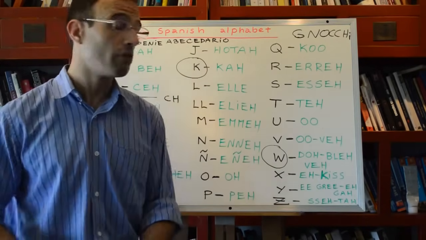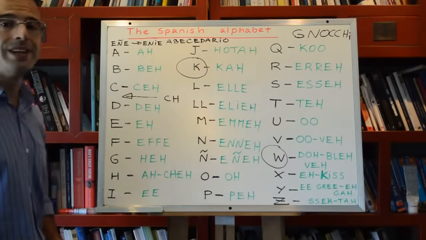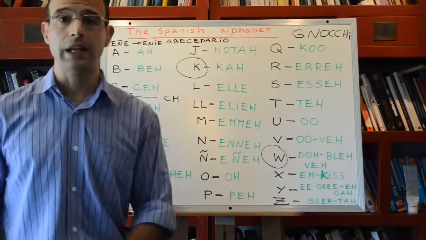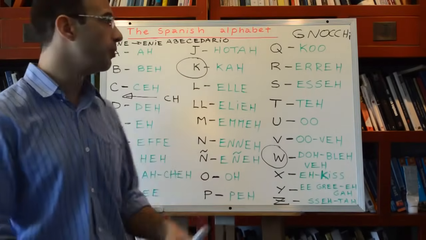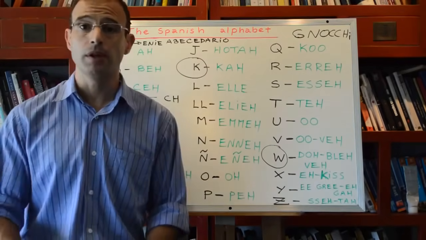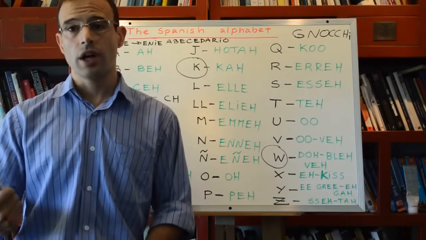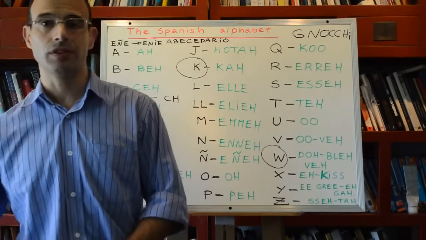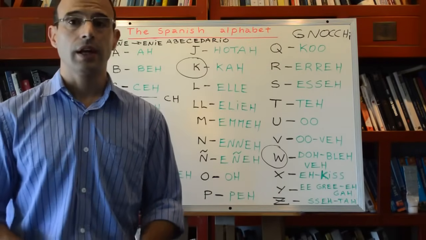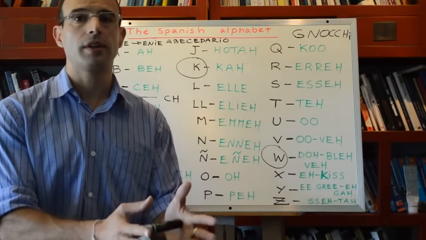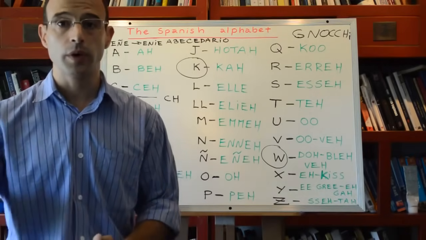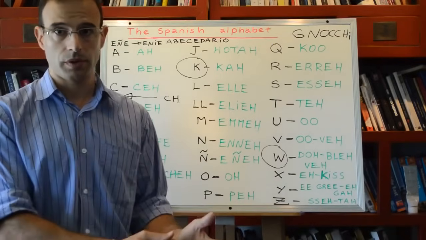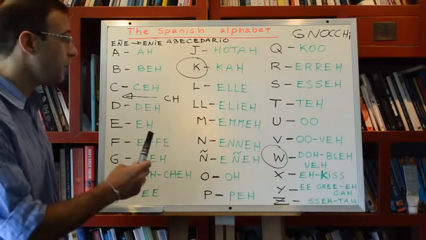For example, the word kilogramo, kilogram, is written with K. Kilómetro, from kilometer, is written with K. Why? Because these are foreign words coming from Greek. Kilo means 1,000 in Greek, right? So to mark that it's a word that comes from another language, the K has remained in the word, instead of using QU.